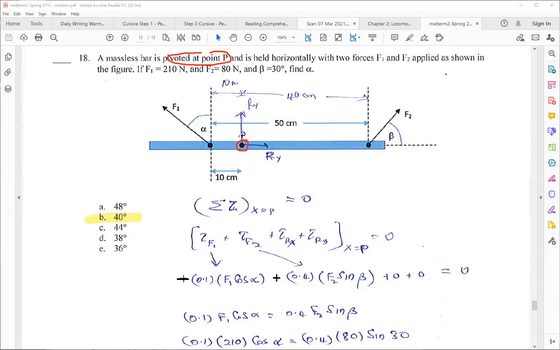we have the following: the net torque relative to the pivot point will be the torque due to force 1, then the torque due to force 2.